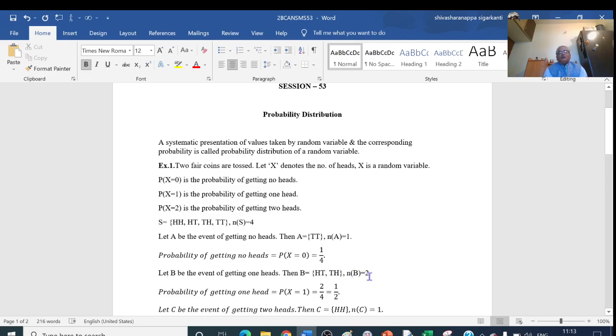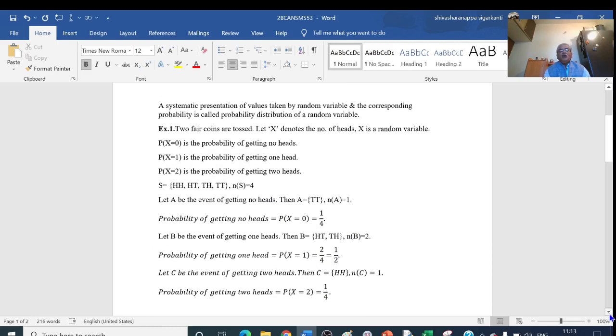The probability of getting one head is P of x equal to 1, which is n of B divided by n of S, that is 2 by 4, equal to 1 by 2. So 1 by 2 is the probability of getting one head.